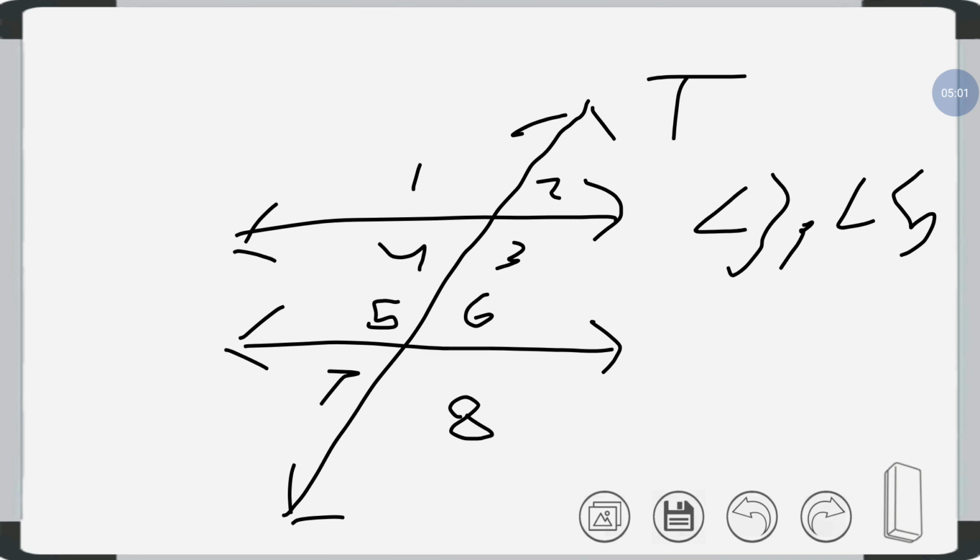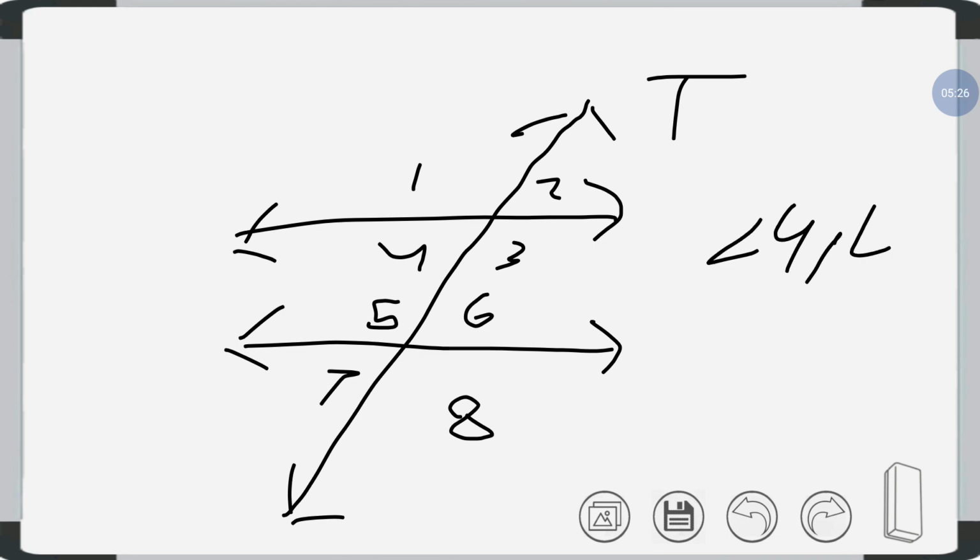They are on opposite sides, and they are both between the intersected lines, which is the interior. So we can know it's an alternate interior angle. Another example for this one is angle 4 and angle 6.